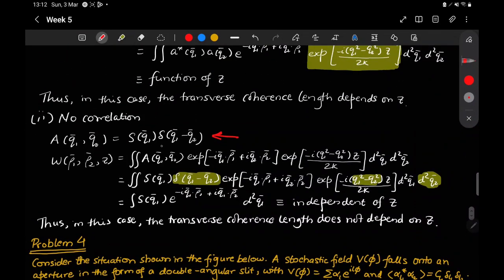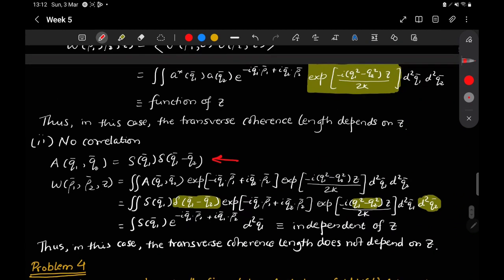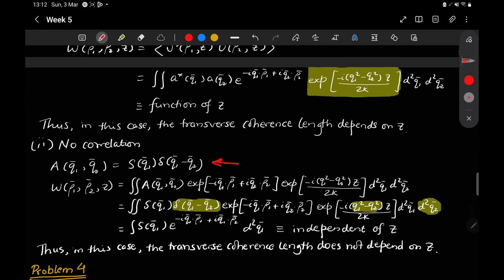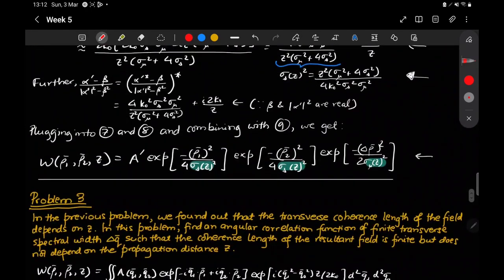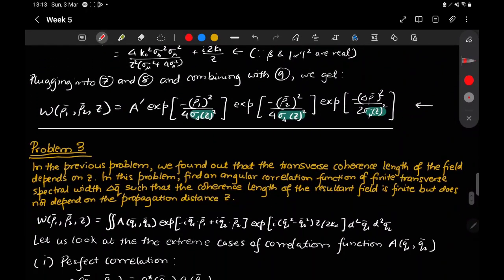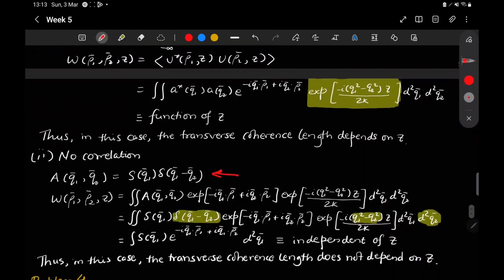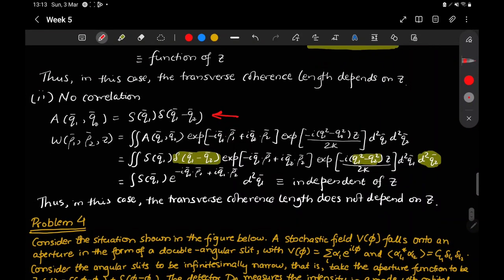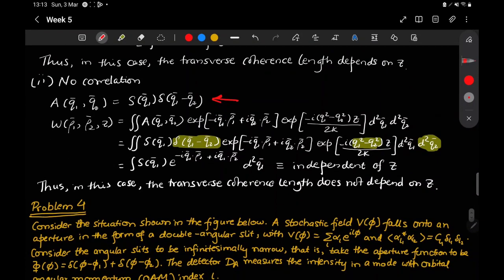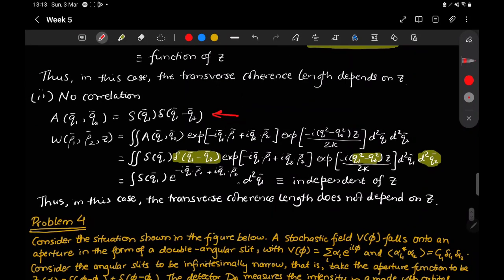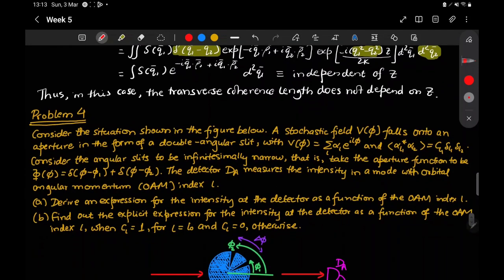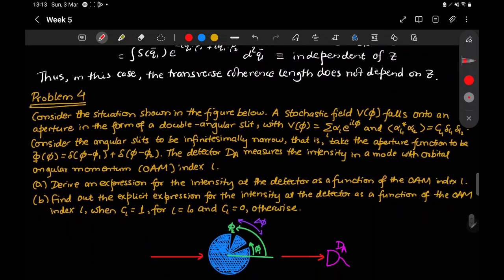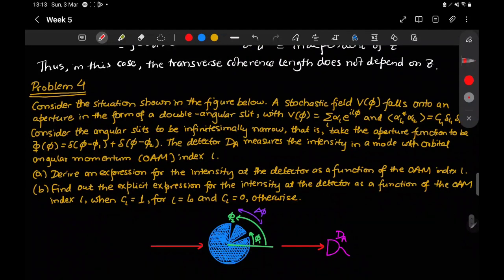For this particular expression of the angular correlation function, the transverse coherence length does not depend on z, because this integral itself is independent of z. Okay, so now let us move forward to the next question.